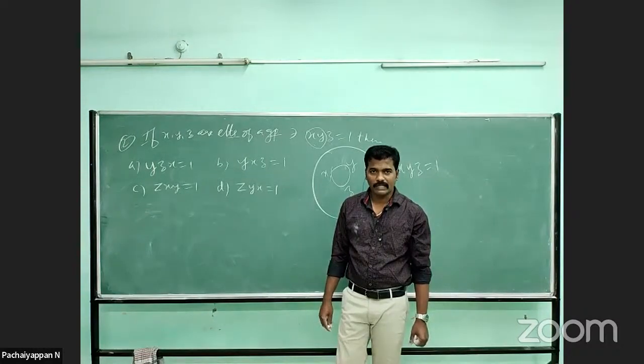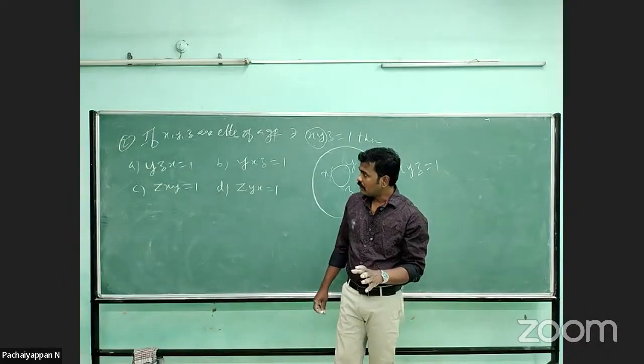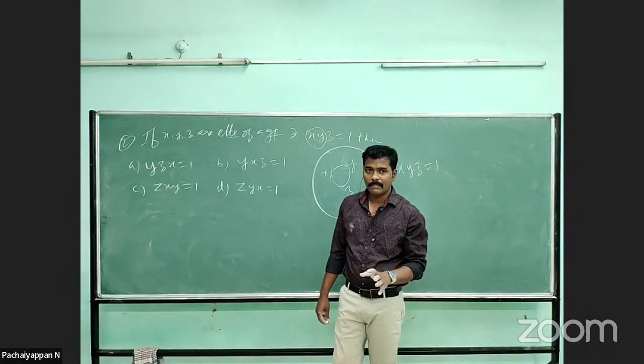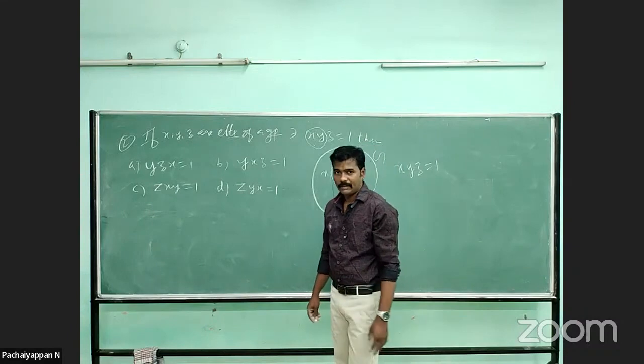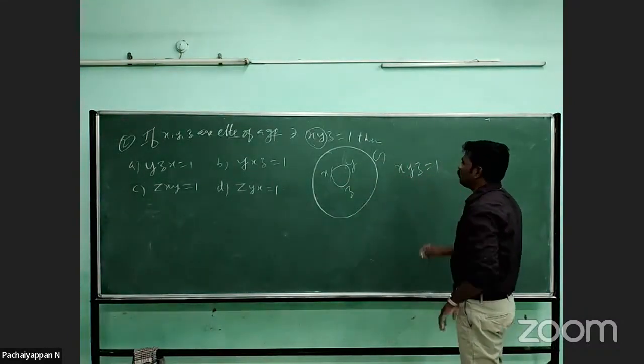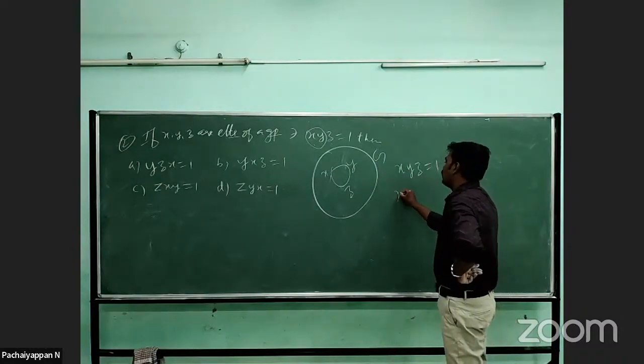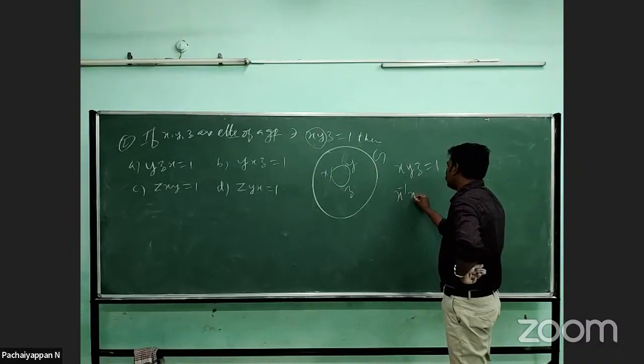How to conclude? Anyway, we will do it. xyz equals 1. Now I multiply x inverse on both sides.